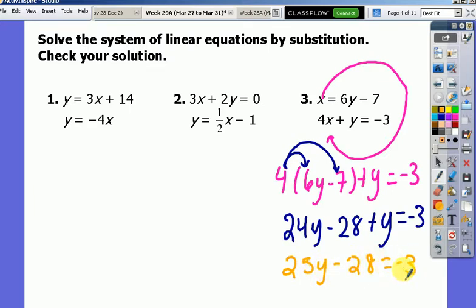I add 28 to both sides, I get 25y equals, yes. So what's y? 1. Now what do I do? Yeah.